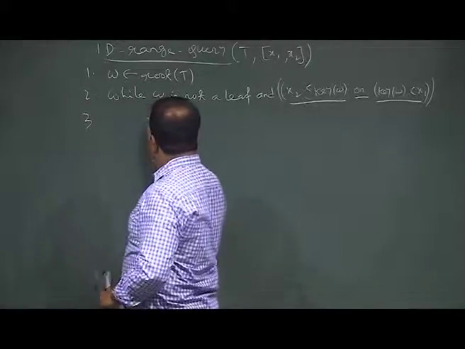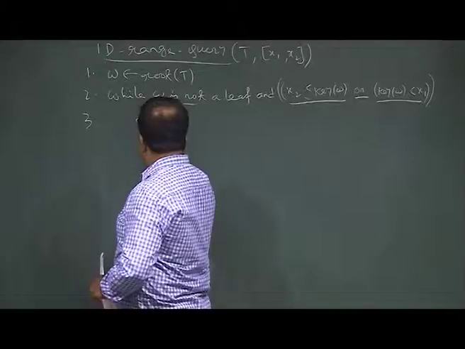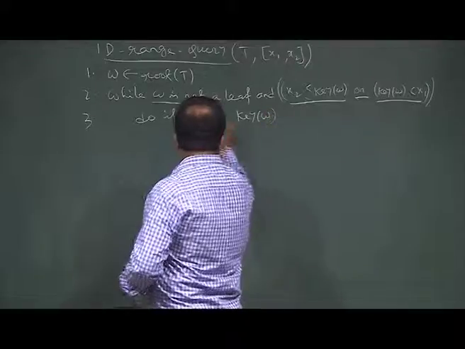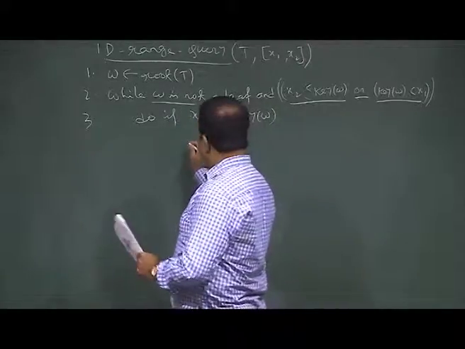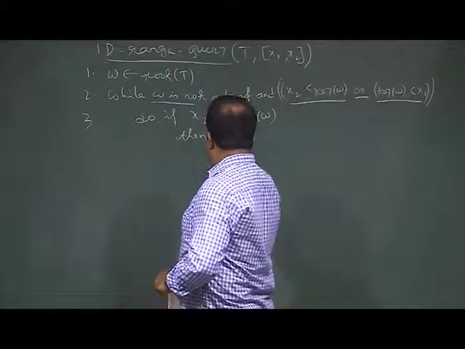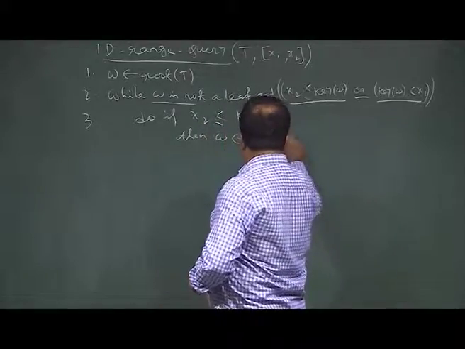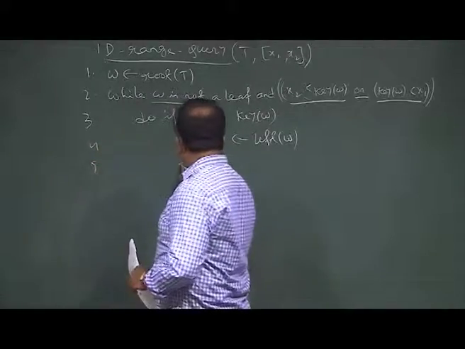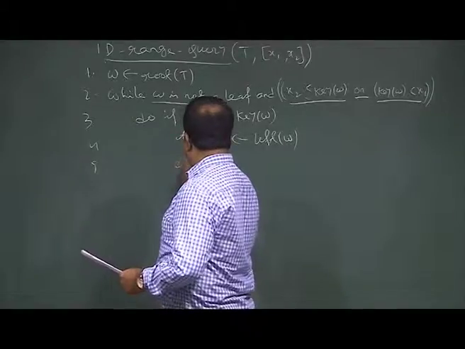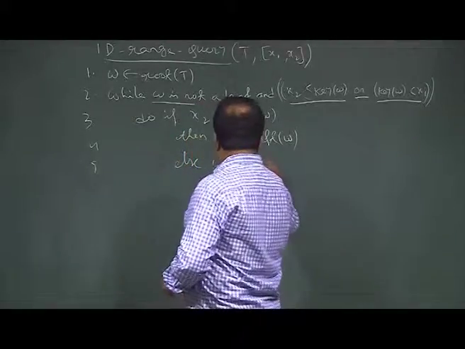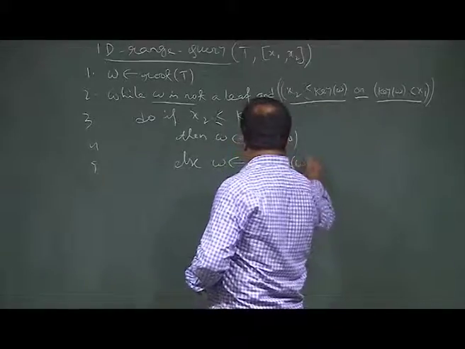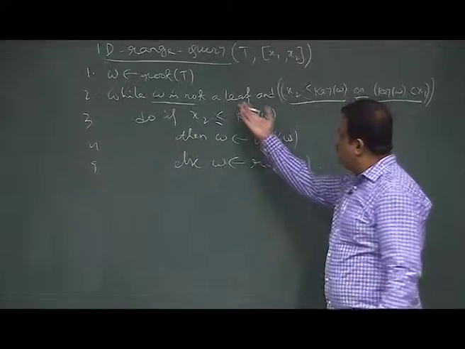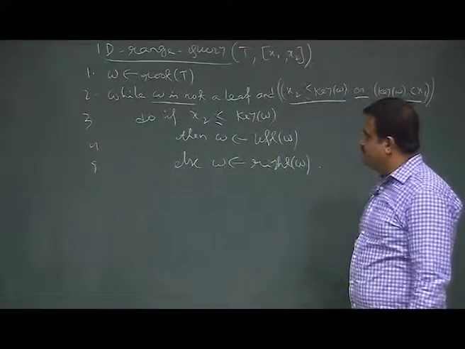So, do if x2 is less than or equal to key of W, then we go to the left part, then W is left of W, otherwise, else W is right of W. Okay. So, this will continue until it reaches a leaf, we stop, otherwise it reaches a split node.